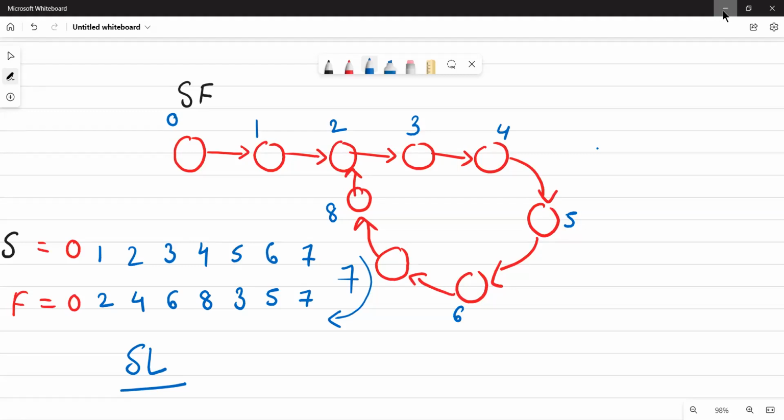Are you guys thinking of something? I'm just thinking how to store in a temporary variable. Okay, think.